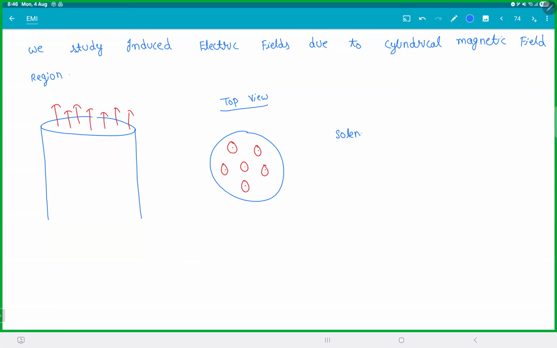Any other shape, it becomes very difficult to figure it out. Solenoids generate these kind of fields. Great. So let's start with this thing.